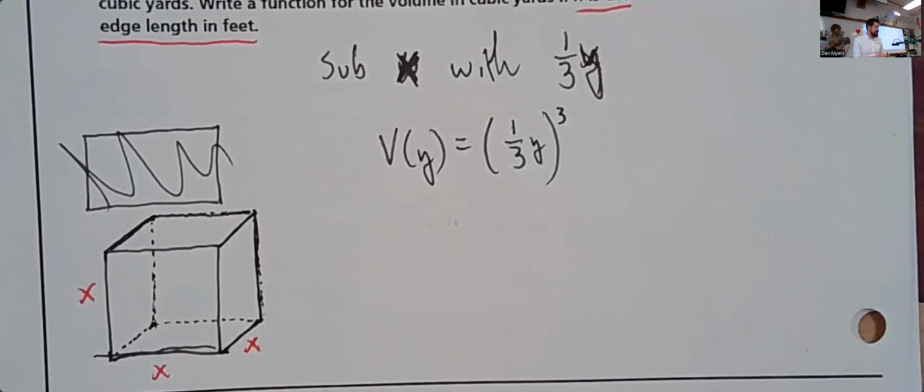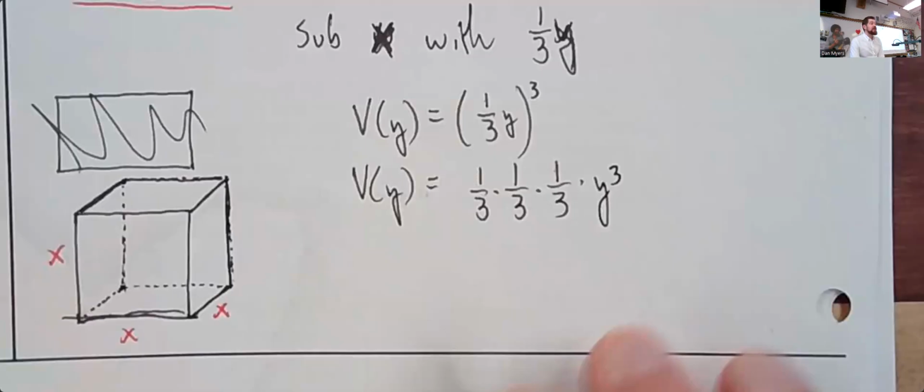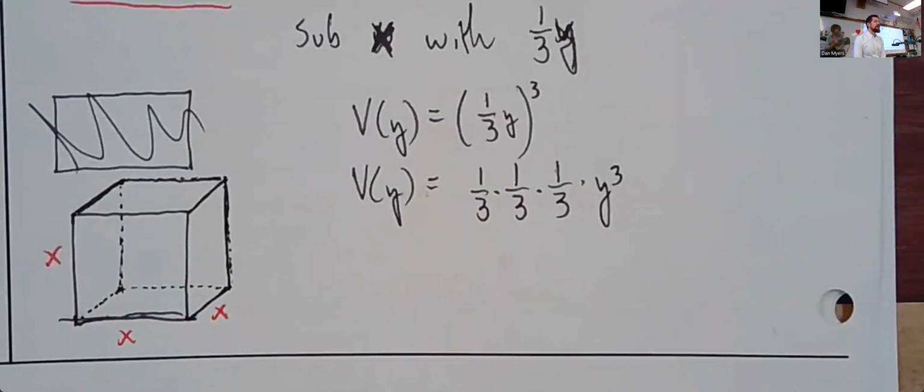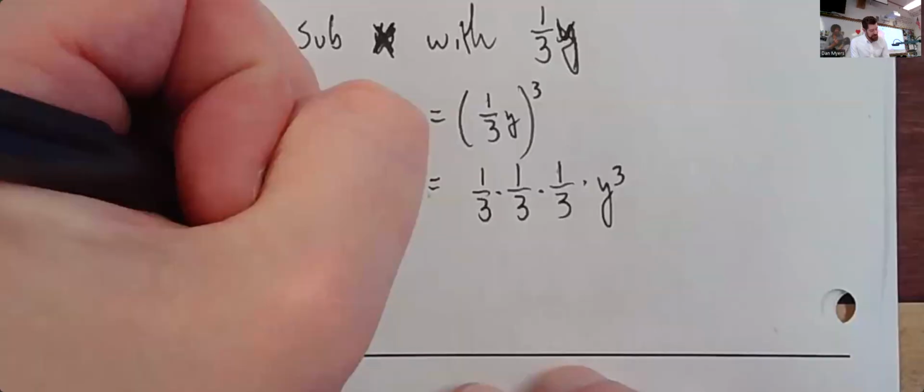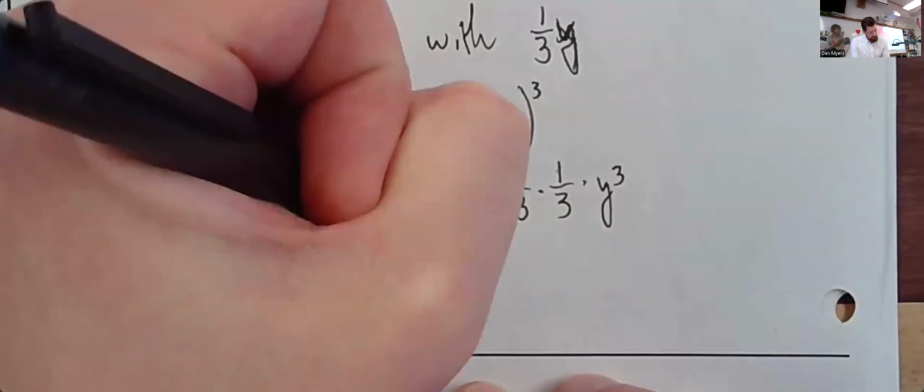If you want to use a calculator, that's fine in general. But V of y means 1/3 times 1/3 times 1/3 times y cubed. So what is 3 times 3? 9. What's 9 times 3? 27. So 1/3 cubed is 1/27.